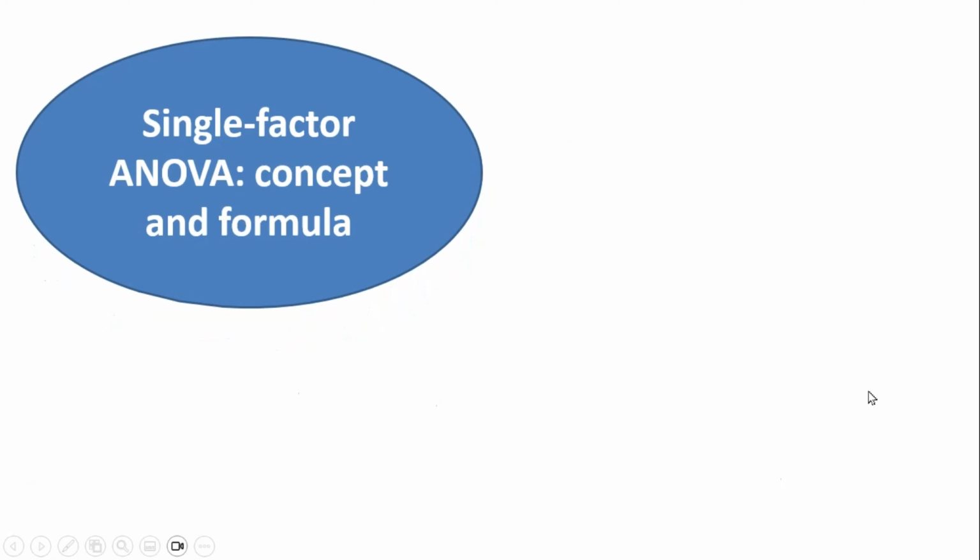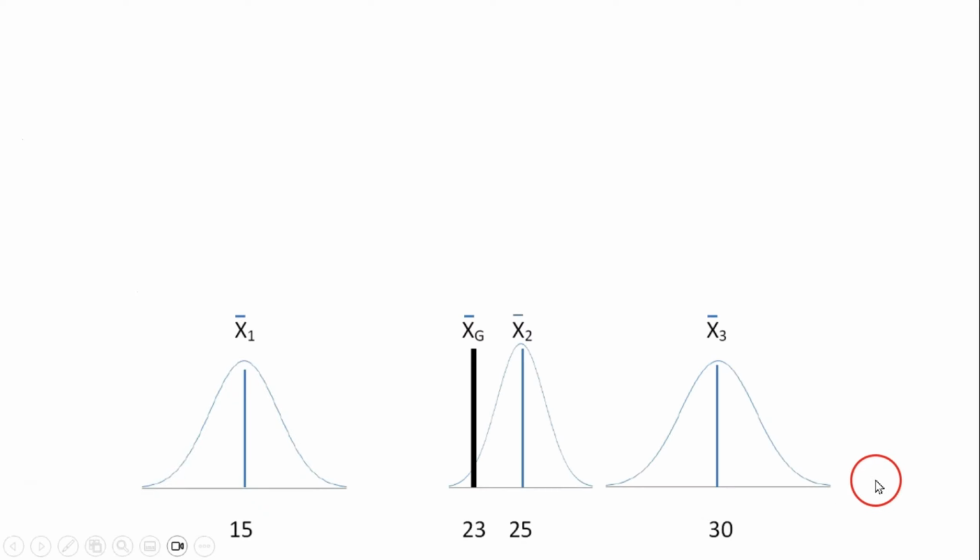Let's talk a little bit now about the single factor ANOVA, the concept and the basic formula for the procedure and the statistic. So imagine you have some groups that you want to compare.